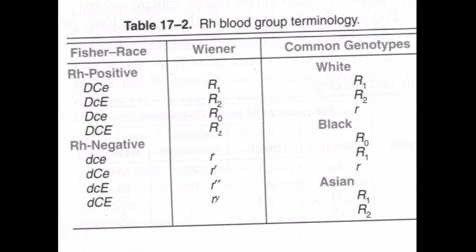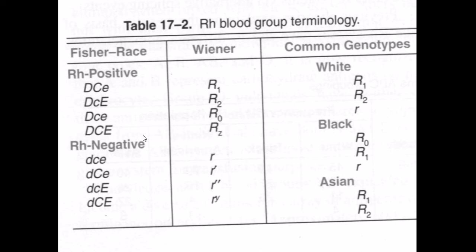If it is capital C, that means C is expressed, capital E, E is expressed, and capital D means it is Rh positive, while the capital E and the capital C are just phenotypes, but they are not that important in medicine, other than for epidemiological purposes. But the capital D is the most important.